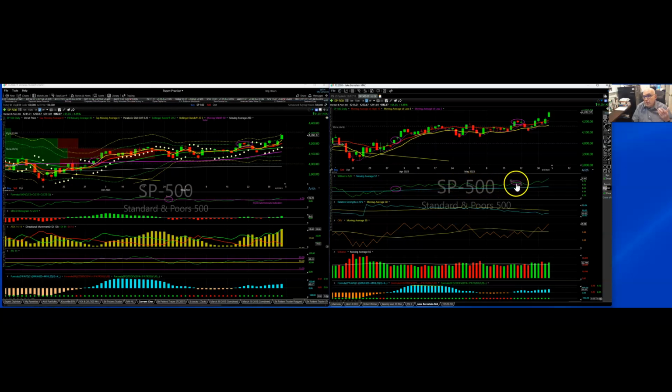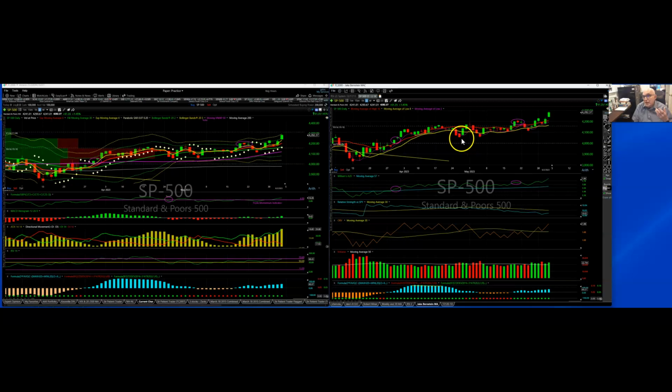Now, the way Jake sets this up and the way he discusses it, as long as you have the 80 line above its moving average, its 57-day moving average, even though you get 2 complete bars below here, you don't sell. You just keep riding it up because you don't have a sell signal. You might have a setup here of 2 bars, but you don't have a trigger of the 80 line being below the moving average.